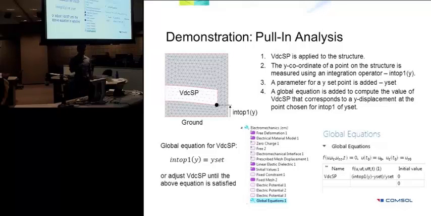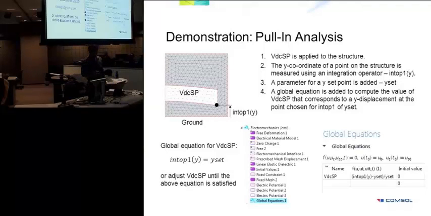In this particular case, we'll describe the displacement of a particular point on the beam, shown by this red dot in this figure here. We'll tell Comsol this particular point is displaced, or has its y coordinate equal to this much. Tell me the electrical potential required for this amount of displacement. To be able to specify the displacement of a point, we'll go through 2 steps.